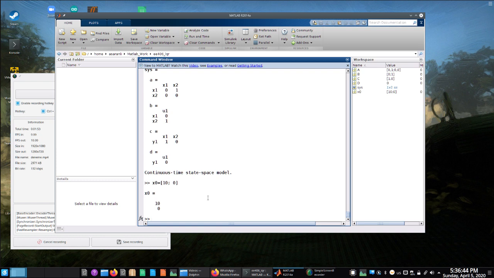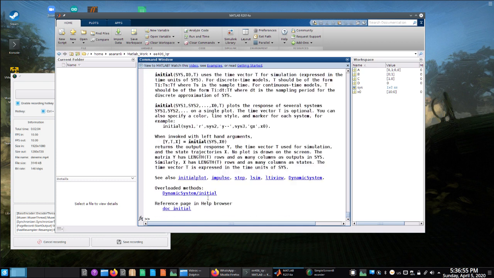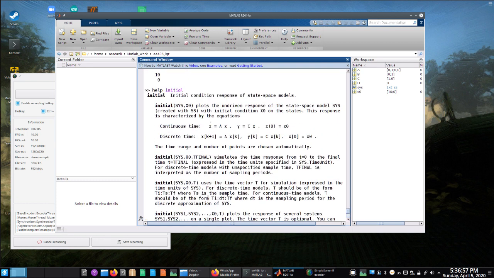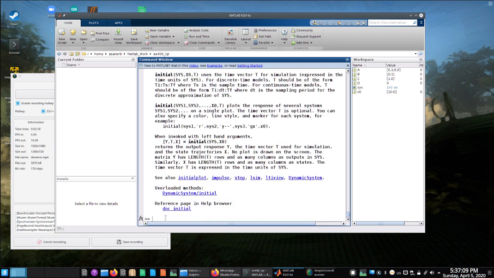Now we can obviously show the initial state response of the system. This is given by the initial command. Okay, so if you take a look at the initial command, you give it a system and an initial condition, and it's gonna construct the evolution of the state. Okay, so for example, this system, remember, it's a mass driven by a force.